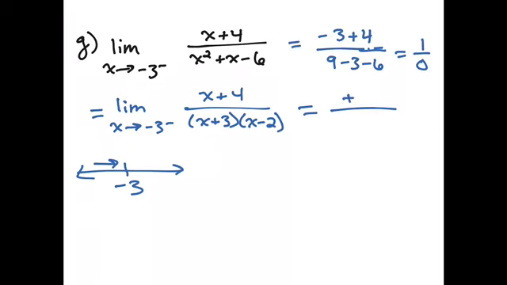From the left of negative 3 would be like negative 3.1. So this is going to be negative. And if I plug in negative 3 to x minus 2, we're also going to get a negative. So is this thing going to positive or negative infinity? Positive infinity.